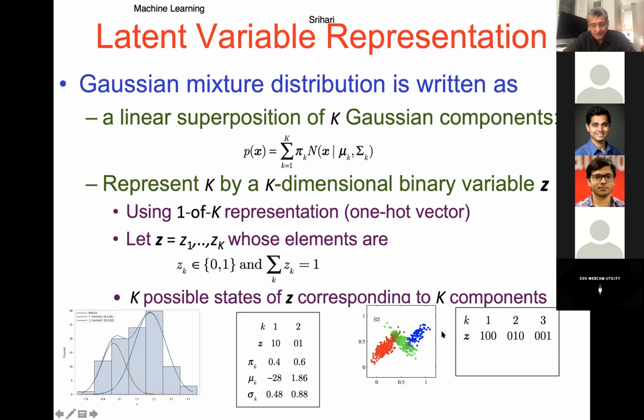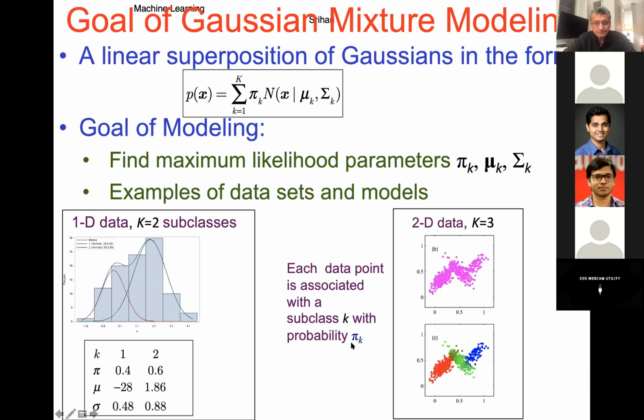So we have k corresponding to 3 components and so on here, all right? So the goal of the Gaussian mixture model is a linear superposition. Find maximum likelihood parameters, pi k, mu k, sigma k, and examples of data sets. We saw this is a one-dimensional data set, and this is a two-dimensional data set, k equal to 3.